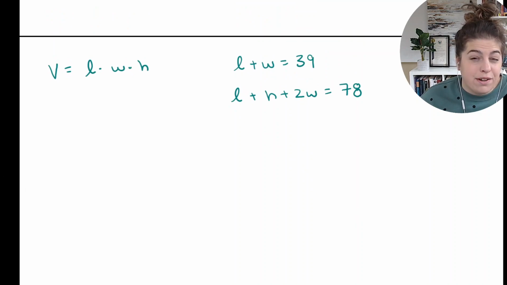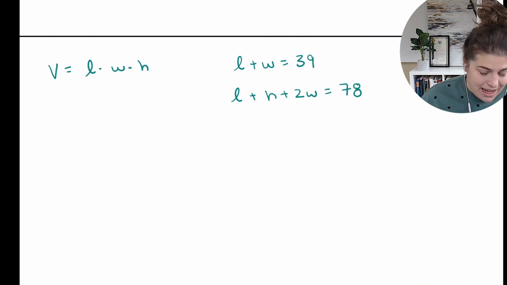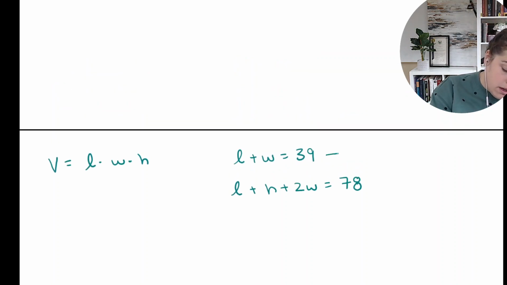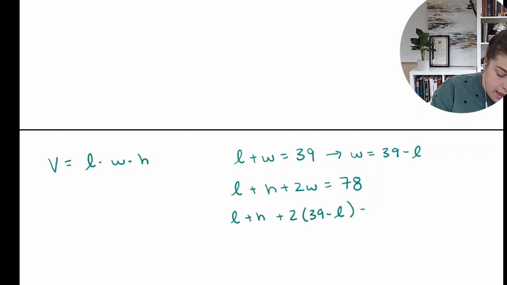If I had solved for length instead, and there's really not a way to know this beforehand, so if I had width is equal to 39 minus the length, and I put this in here, I'm going to have length plus height plus, instead of W, 2 times 39 minus that length.